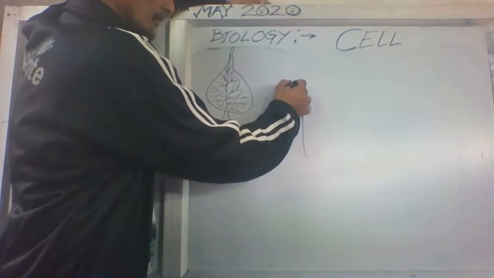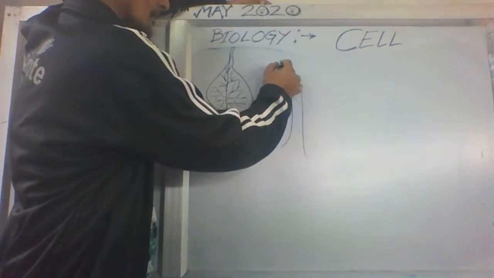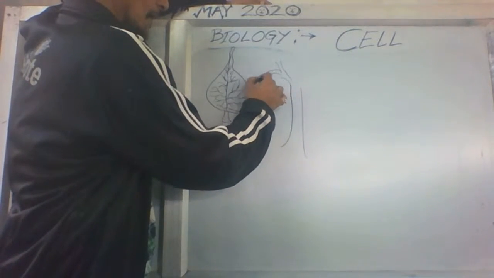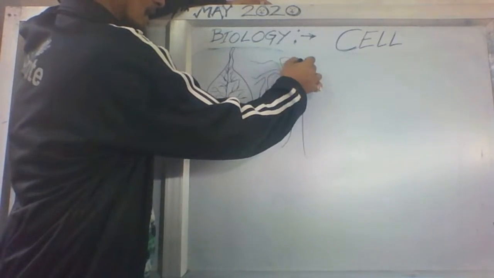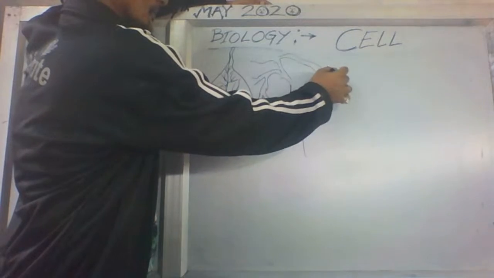Suppose this is a tree and all the leaves have fallen down, and it has a structure like this.